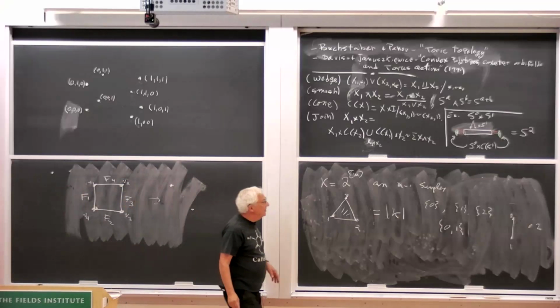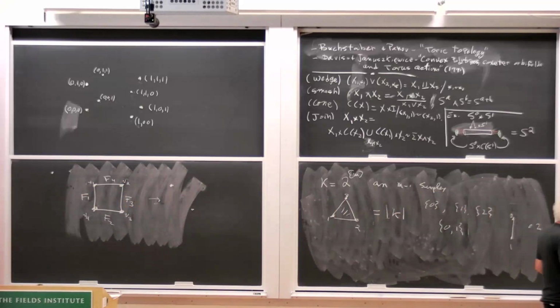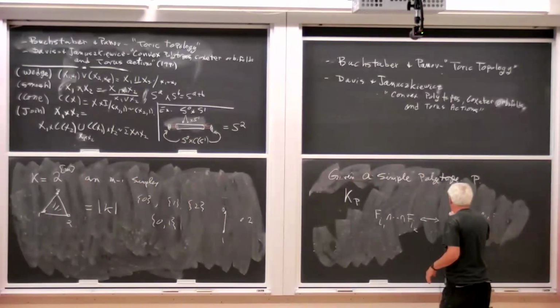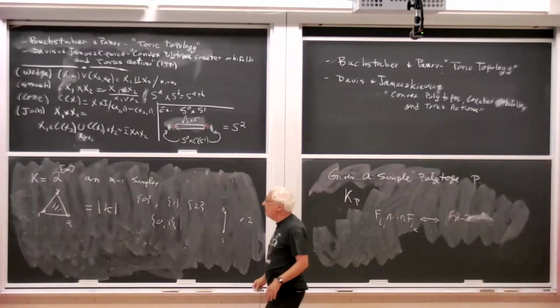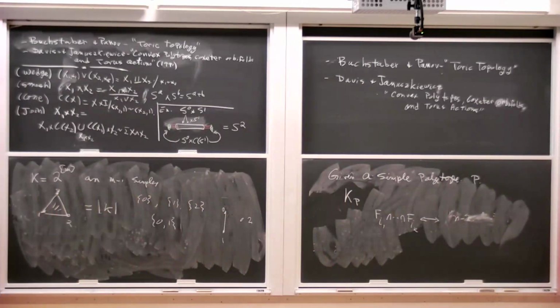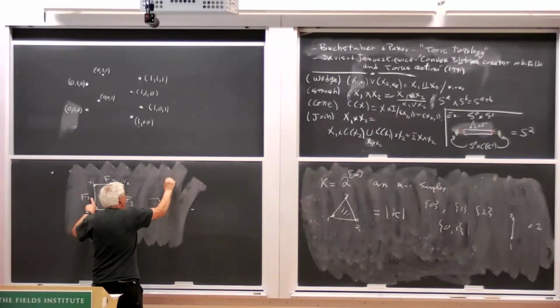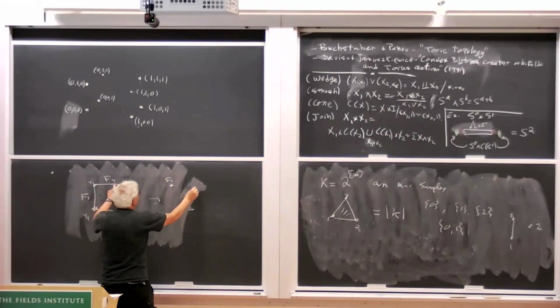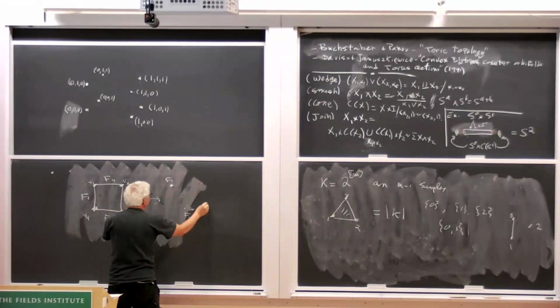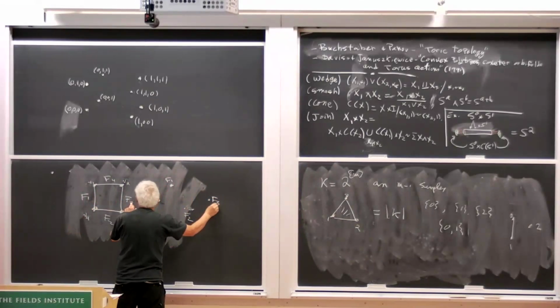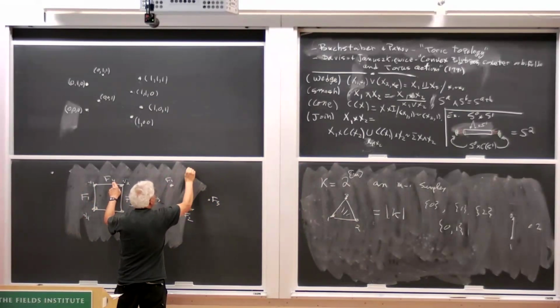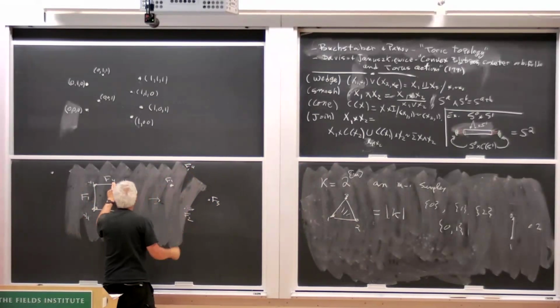Am I getting the numbers? I think I need an n minus k or something. I always get that backwards. But the picture tells you what you should do. Associated to the facet, I take a vertex, so I'm still labeled by the facet. There's the facet F1. This is the facet F2. This is the facet F3. And this will be the facet F4.